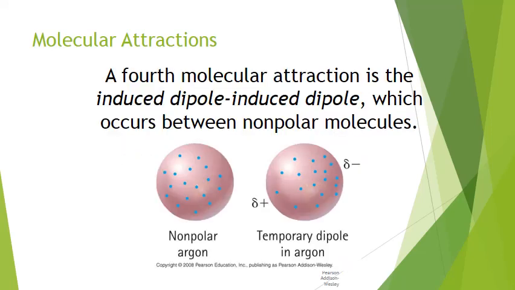Your book doesn't really get into it, but there's actually technically a fourth molecular attraction, which is an induced dipole type of attraction. You need to have two nonpolar molecules, for example, argon. We've got two atoms of argon here. They're nonpolar, but the random motion of the electrons can sometimes result in the electrons grouping to one side of this nonpolar molecule, in which case you would have a temporary dipole.